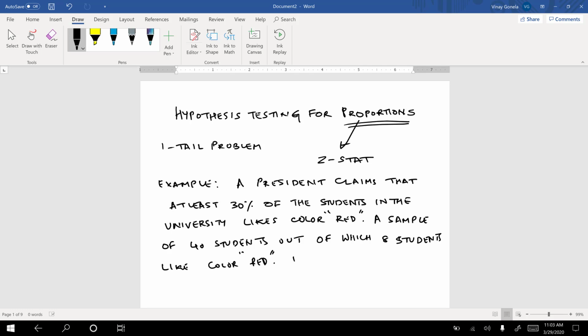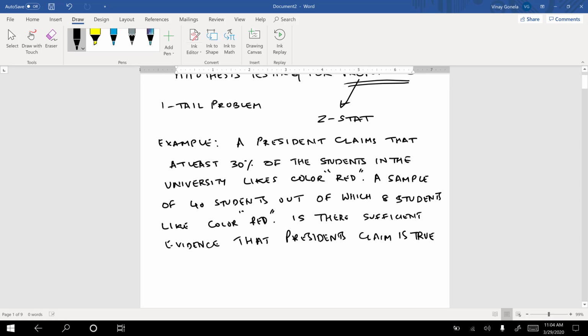So is there sufficient evidence that the president's claim is true, at a significance level of 0.01?